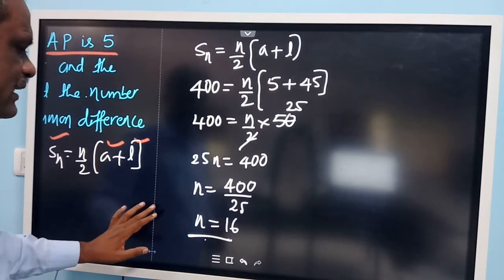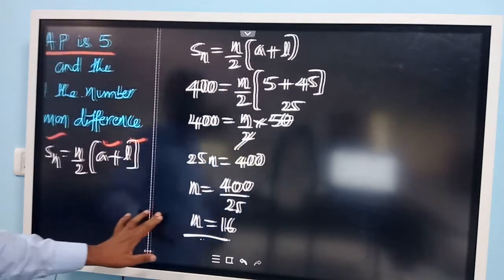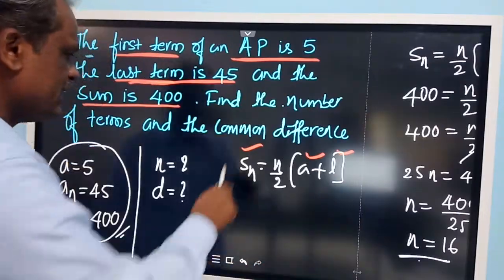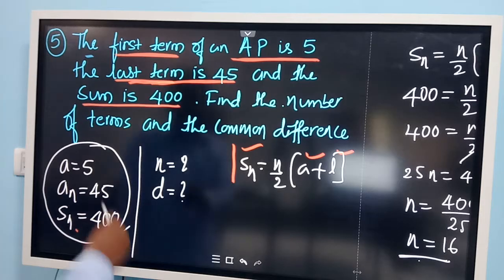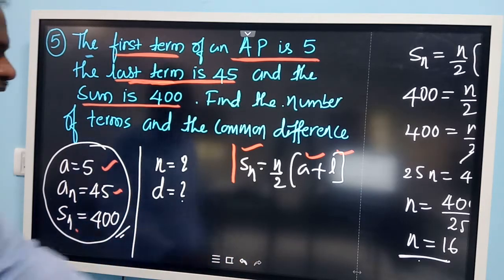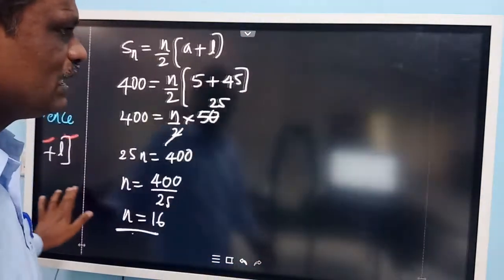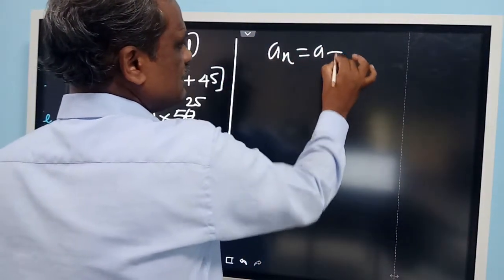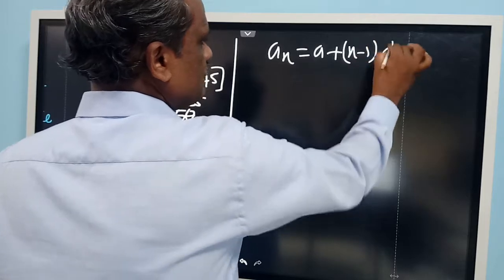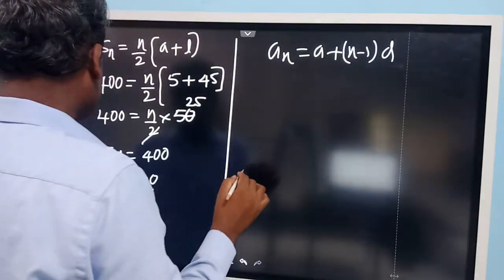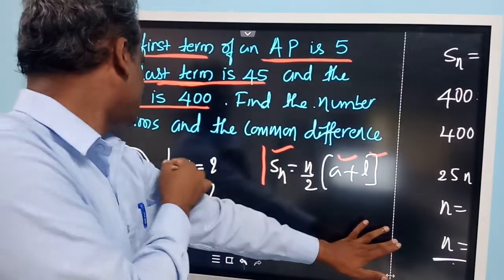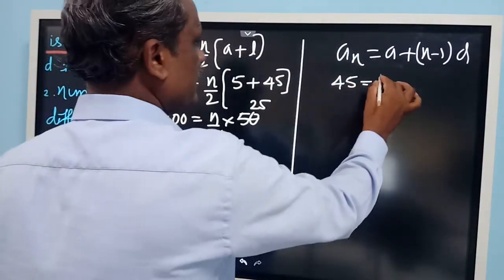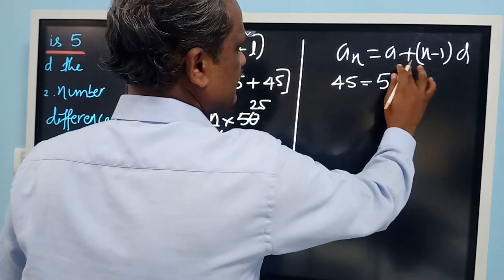Once we calculated this n value, the next question is d. Which formula can you use here to find the d value? We have an and also calculated n. You can use the nth term formula: an is equal to a plus n minus 1 into d. The last term is given. What is the last term here? Look at this, 45. The last term is 45. First term is 5, then plus n minus 1.